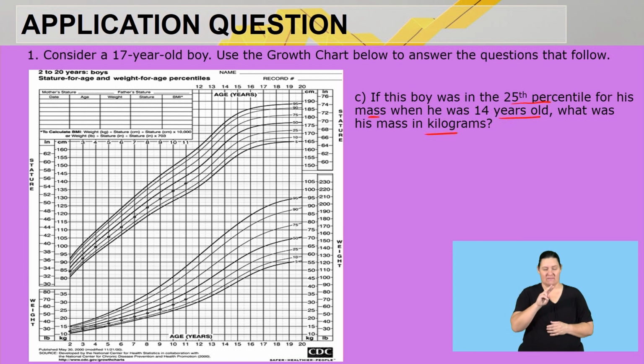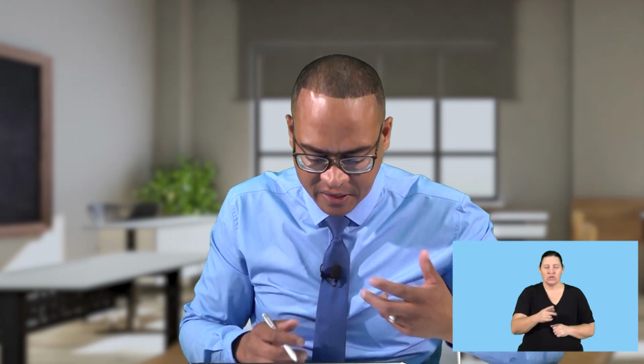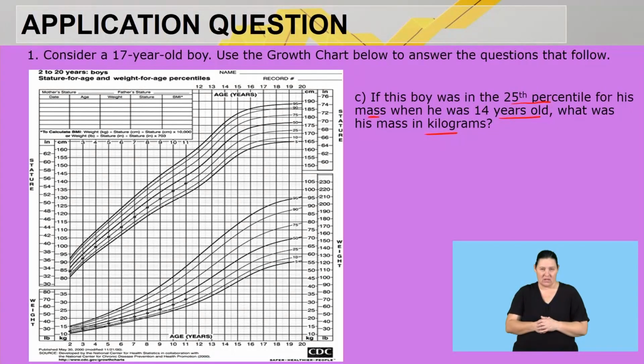We are looking at the 25th percentile, and we're looking at the age of 14 years, right? So that's our two variables, right?